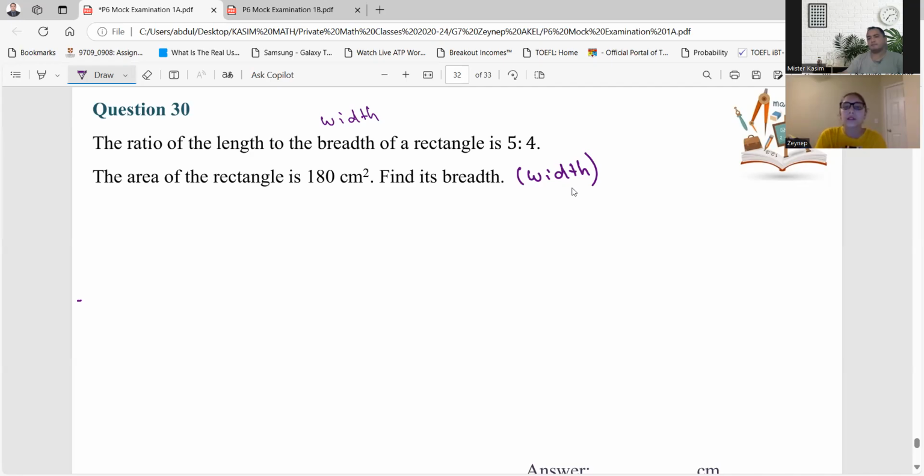Because it says the length to the width is 5:4. The ratio is 5 to 4. What is the answer? I don't know how to solve this.